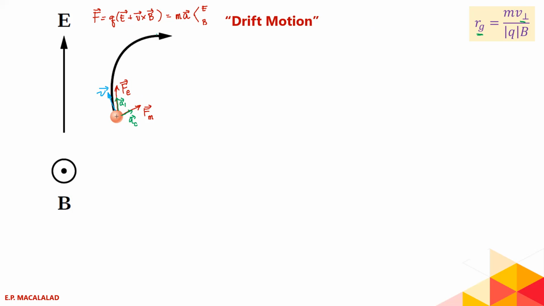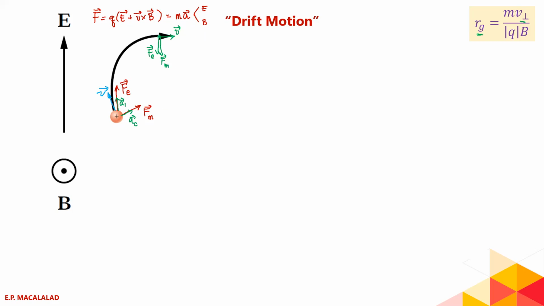You follow? Now, at this point the velocity would be perpendicular to the electric field. So this will be the velocity. At this moment the electric force would be in this direction, and the magnetic force will be in this direction.